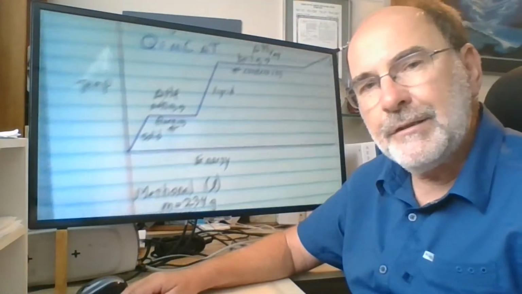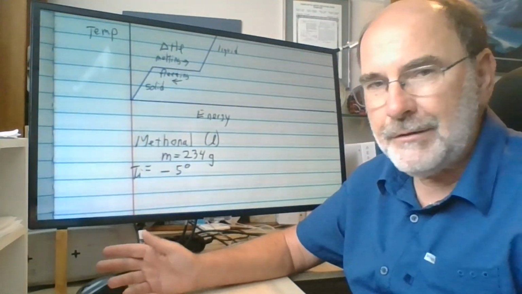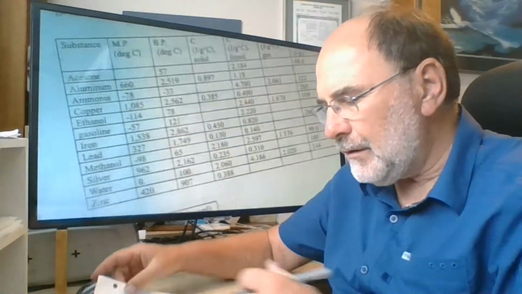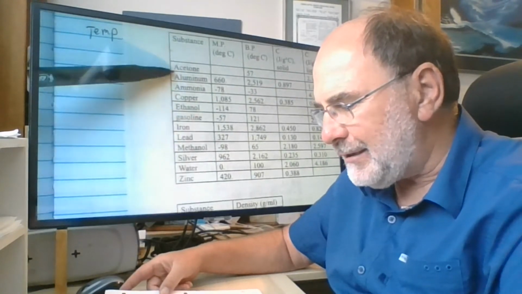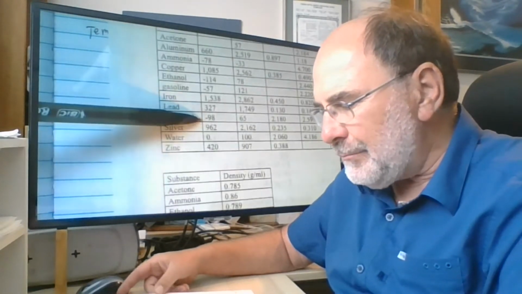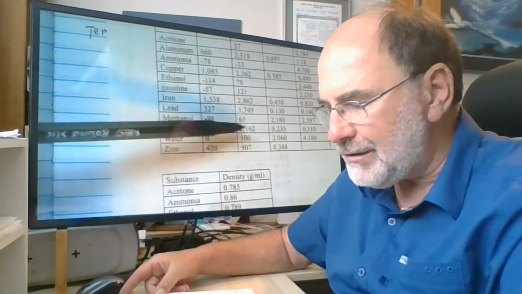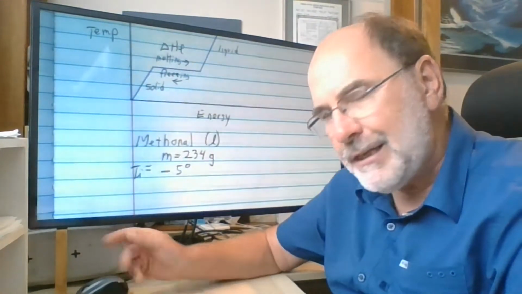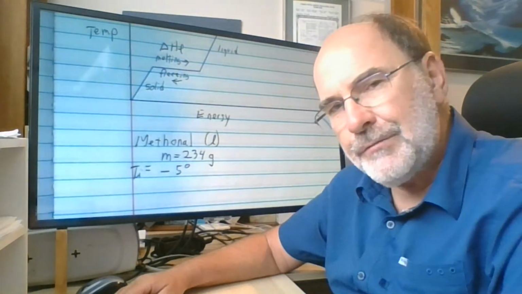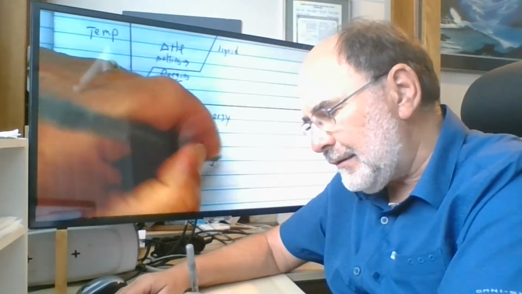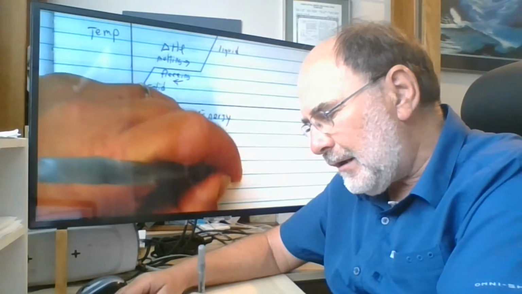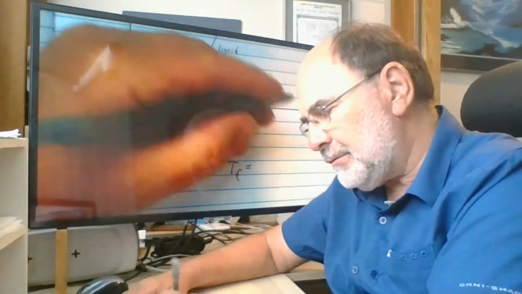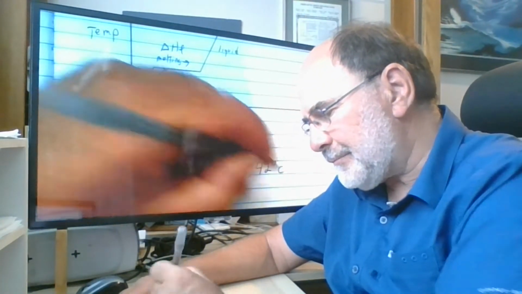All right, I'm going to work an example. If I go too fast, just play the video again. So, randomly selected: methanol in a liquid state. Noting that it's a liquid between its melting and boiling points, between negative 98 degrees Celsius and positive 65 degrees Celsius, I'm going to just pick an initial temperature of negative 5 degrees for a mass of 234 grams and a final temperature of 42 degrees Celsius.